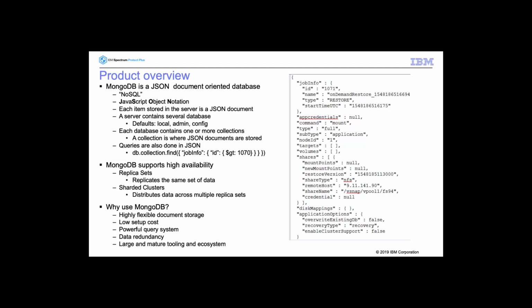The defaults are going to be local, admin, and config. And then it's going to contain one or more collections, which are going to be where the JSON documents are stored. Now, queries, as opposed to using SQL, are done in JSON. So there's an example of what a query looks like in MongoDB.